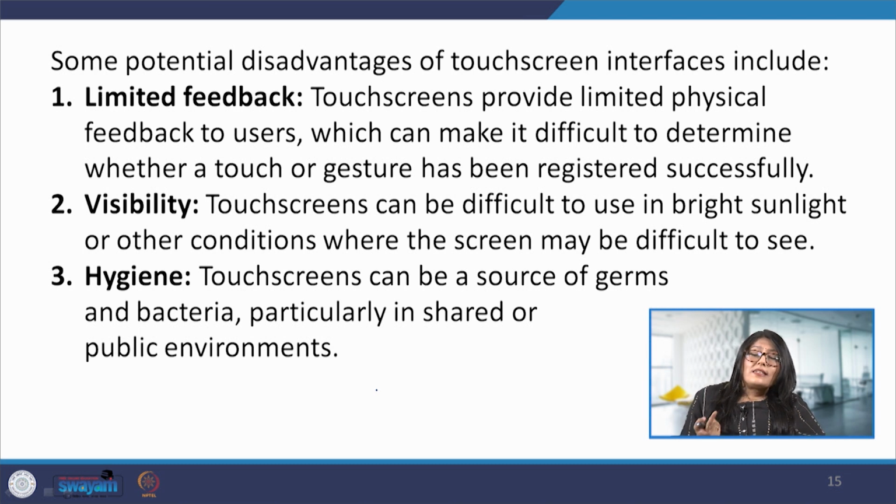And lastly is hygiene, especially when it is a shared screen where a lot of people, like we saw with tourist kiosks or in hospitals, are using it. Then hygiene can be an issue because multiple people are using it: how clean is it, who is cleaning it, all those questions become important.